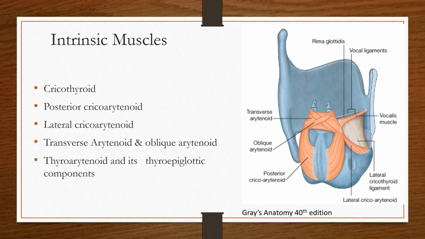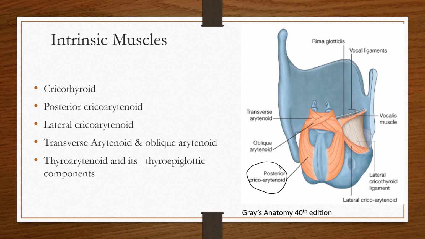Now the cricothyroid muscle arises from the cricoid and goes to the inferior margin of the thyroid cartilage. The posterior cricoarytenoid, which is seen here, arises from the posterior broad lamina of cricoid and is inserted on the posterior surface of the muscular process of the arytenoid.